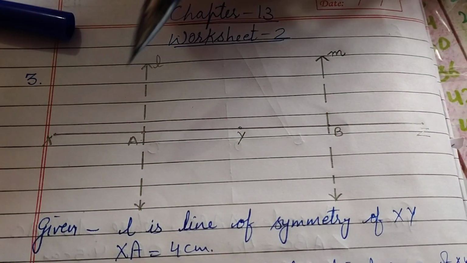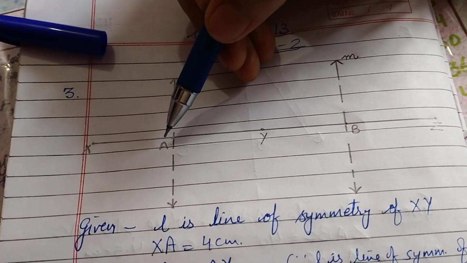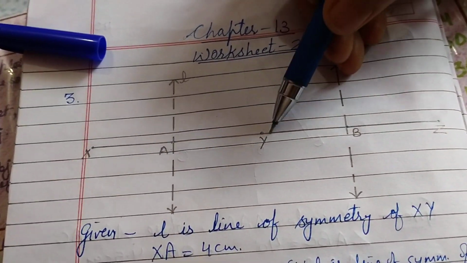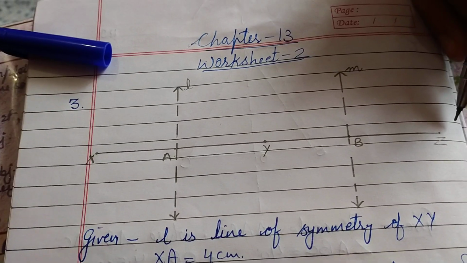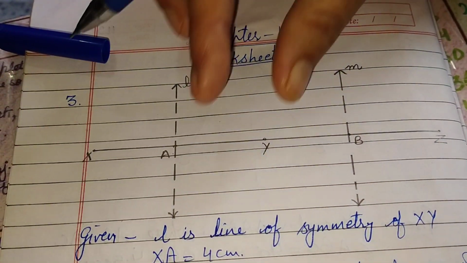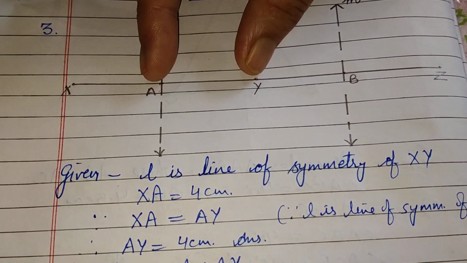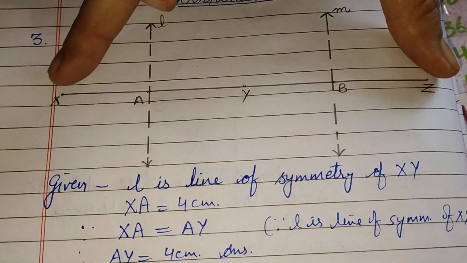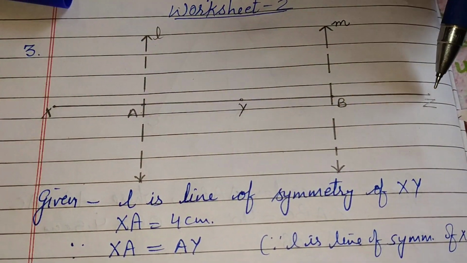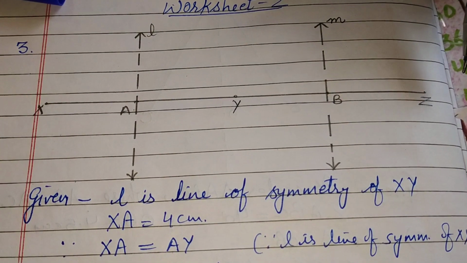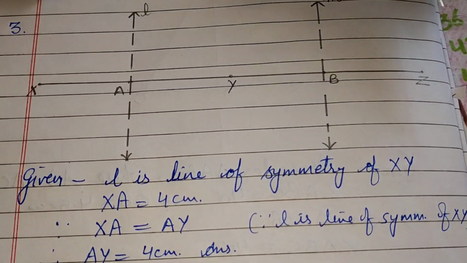It is also given that XA is 4 centimeter and YZ is equal to 6 centimeter. Now you have to find AY, YB and the whole length of line segment XZ.